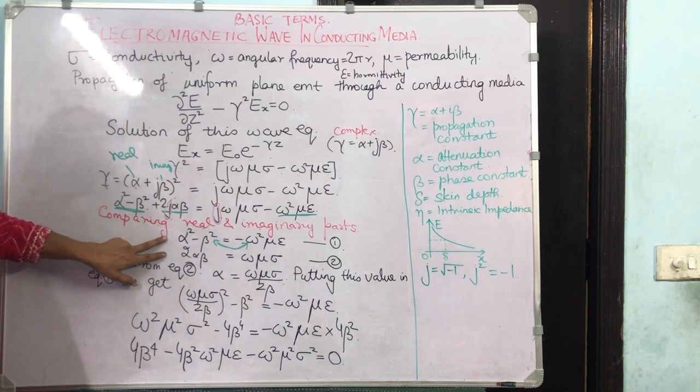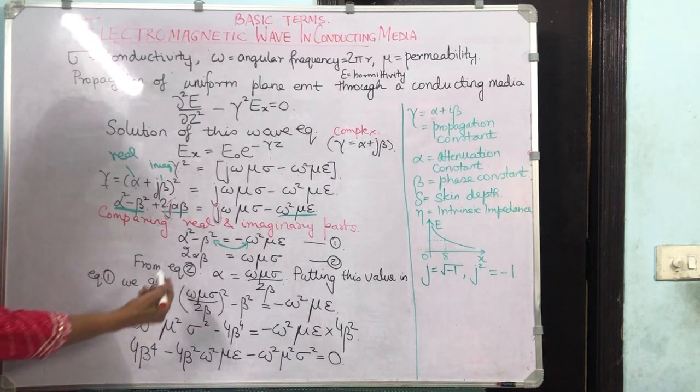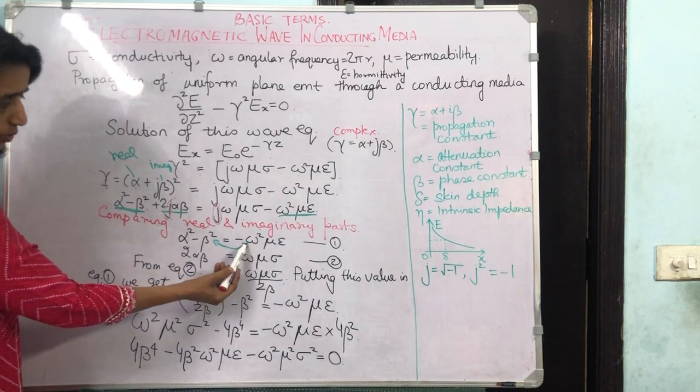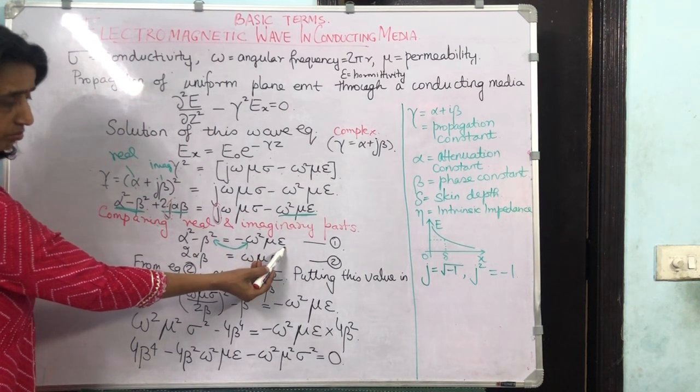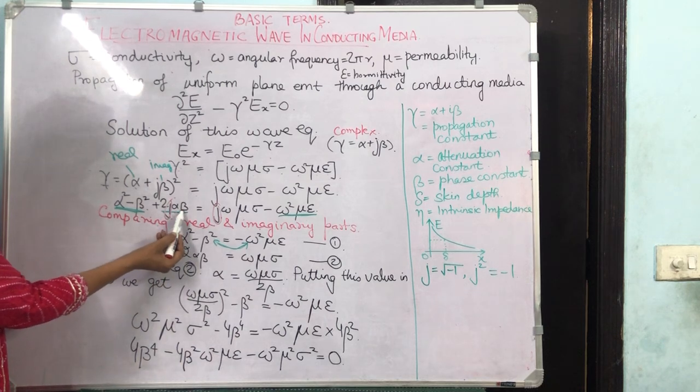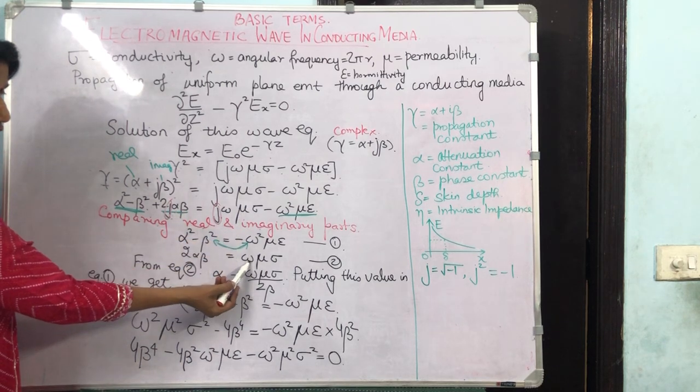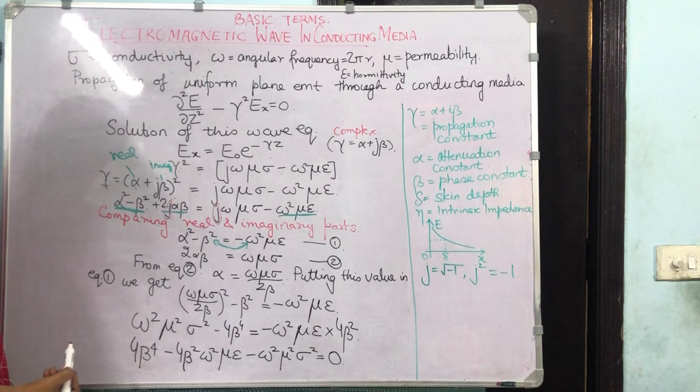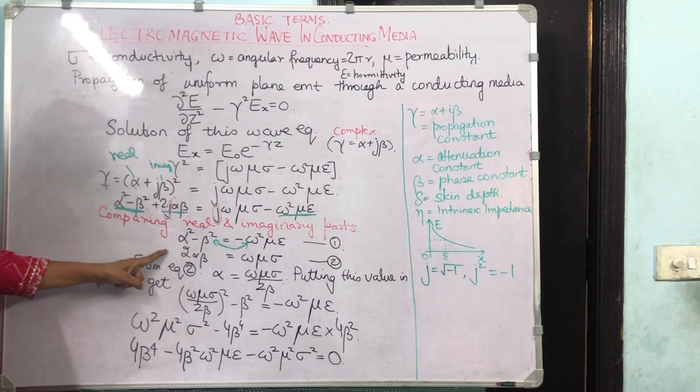Now we have compared and we have got two equations: alpha squared minus beta squared is equal to minus omega squared mu epsilon, and 2 alpha beta is equal to omega mu sigma.